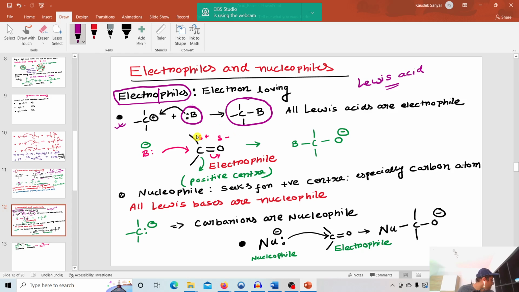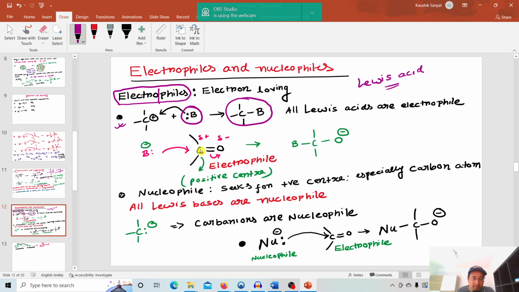There is another example of an electrophile, the carbonyl center. There is a carbon atom doubly bonded with an oxygen atom. Due to the difference in electronegativity between carbon and oxygen, the carbon atom has a partial positive charge and the oxygen atom has a partial negative charge.